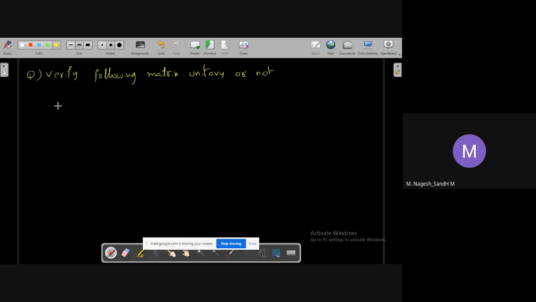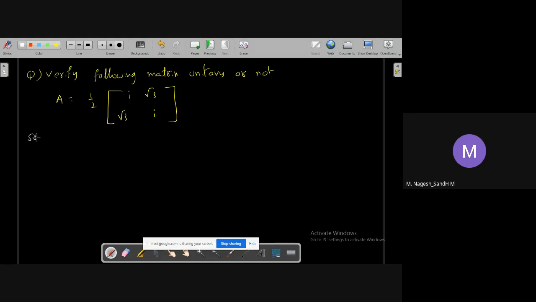The matrix is A equal to 1 by 2 into [I, root 3; root 3, I]. This matrix you have to check whether it is unitary or not.